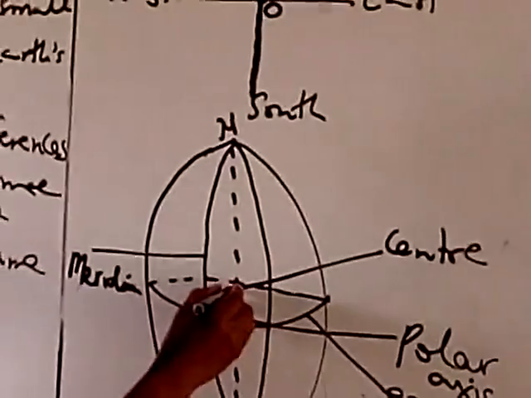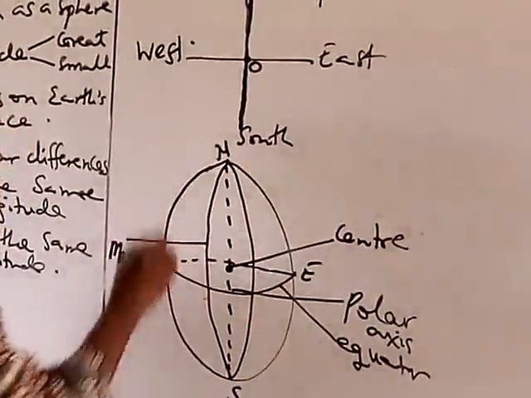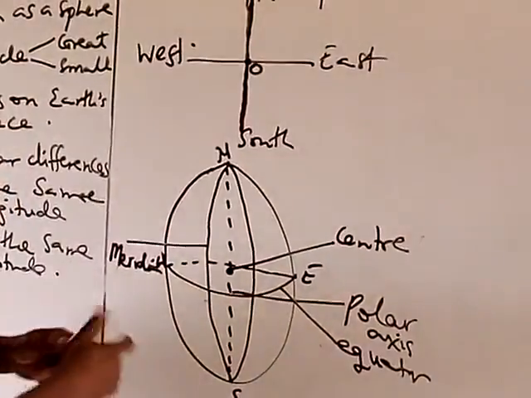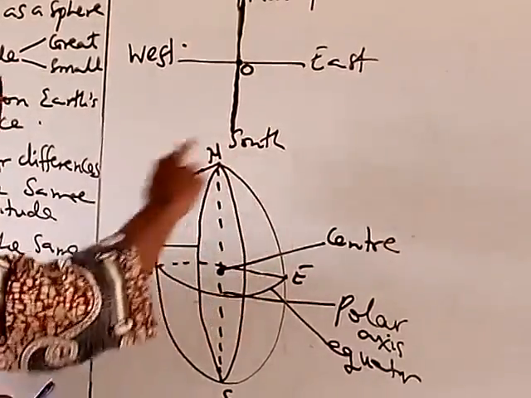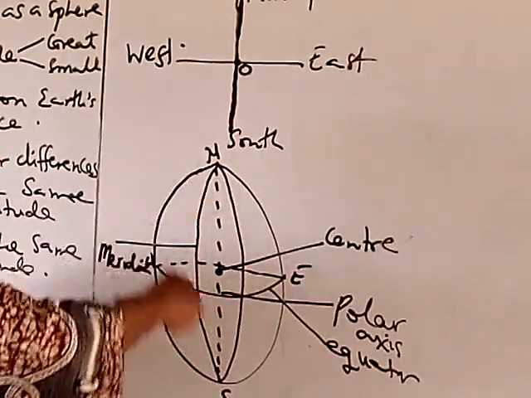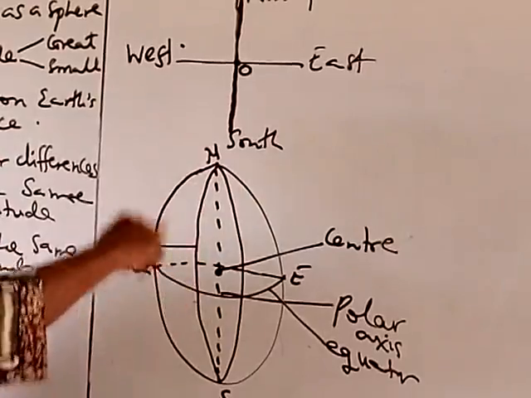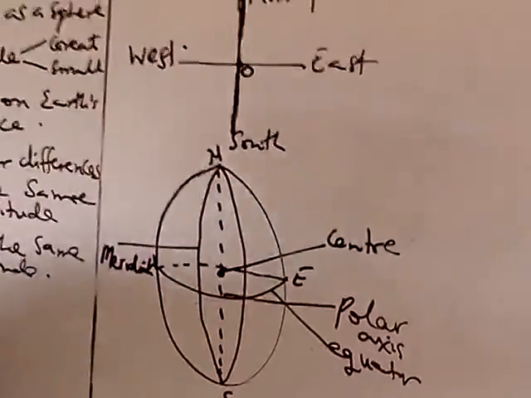Now we have the center here. You have your east, you have the west. Now, this earth will rotate on this polar axis, continuing to rotate until it completes the rotation in 365 days or 366 days to make a leap year.